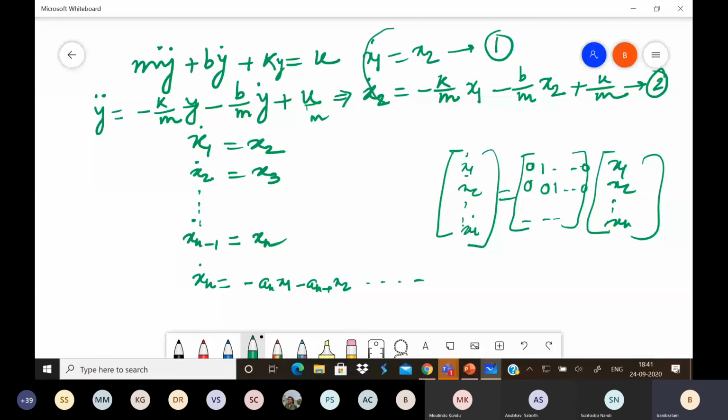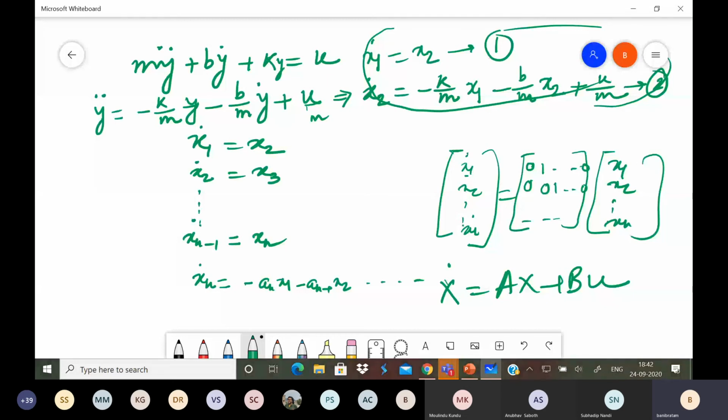Now these equations 1 and 2 you can write in the form x dot equals Ax plus Bu. Here A will be a 2 cross 2 matrix: in the first row, 0 and 1 will be there, and in the second row, minus k by m and minus b by m.